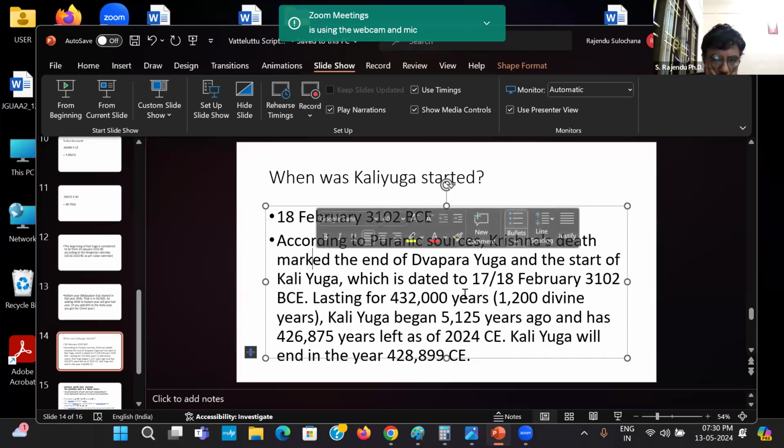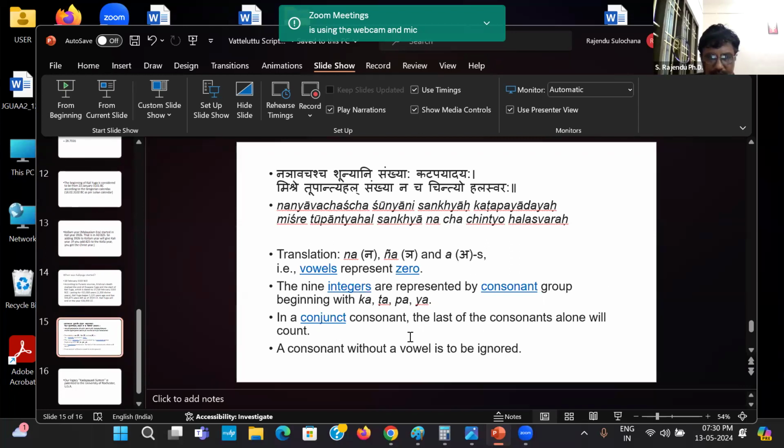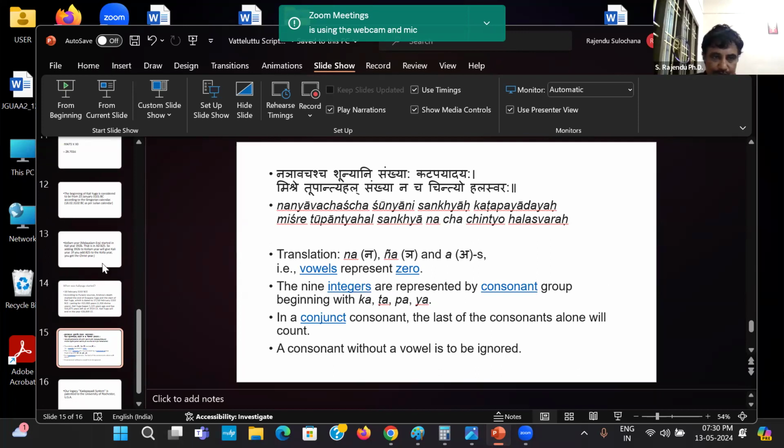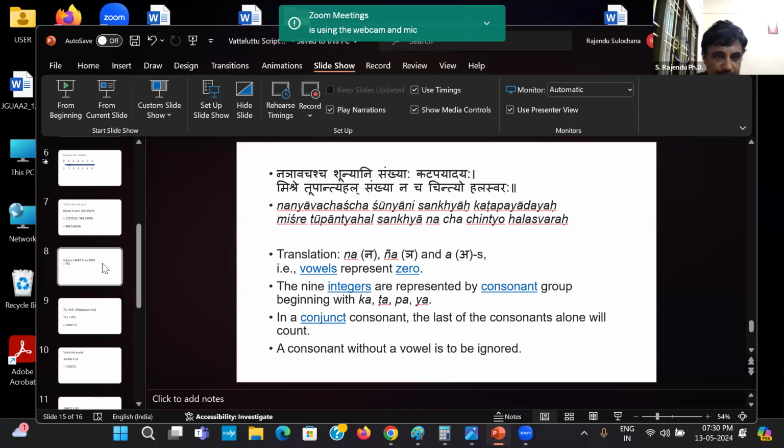Then there are some rules. Nya and Na had no values. See what they say. These are all standard. Navana, Shashanya, Sankhya.